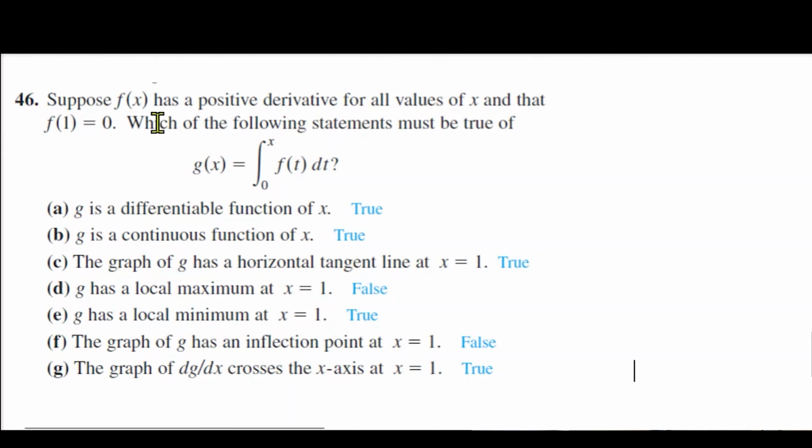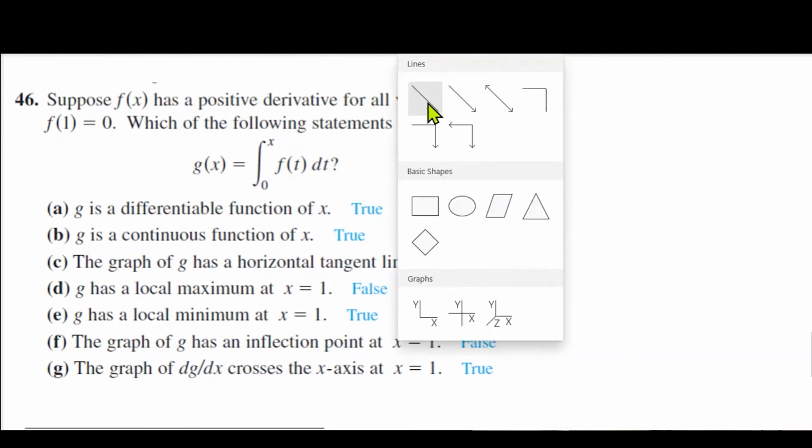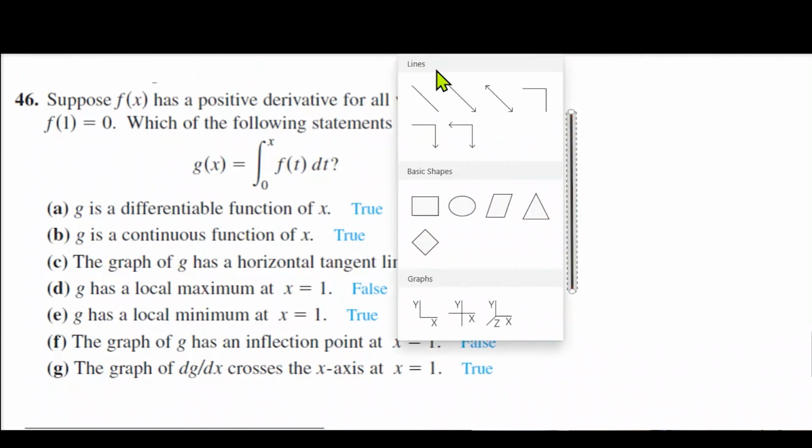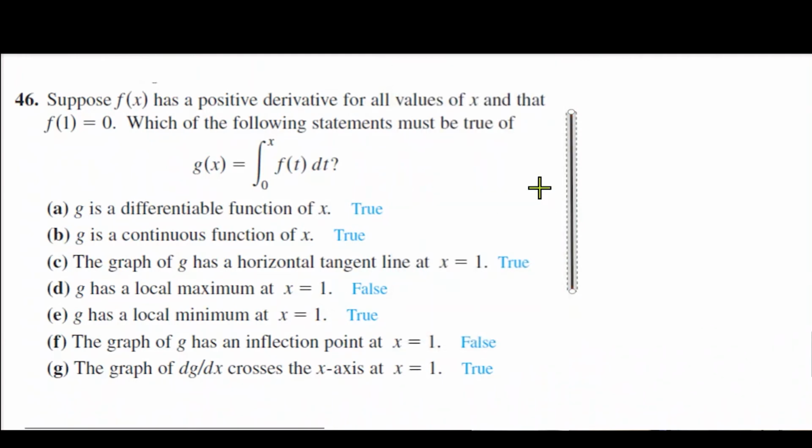Now, let's try to sketch this function f, shall we? So let's say this is your y-axis, and then let's say we have an x-axis somewhere here. Now this function f, which I'm going to sketch, has a positive derivative, meaning it's increasing everywhere.